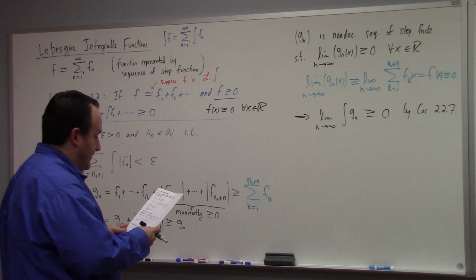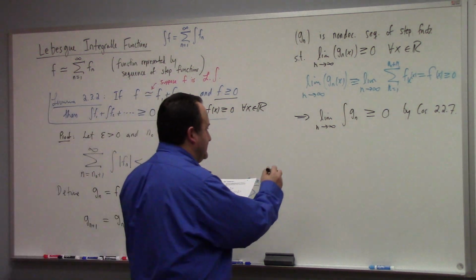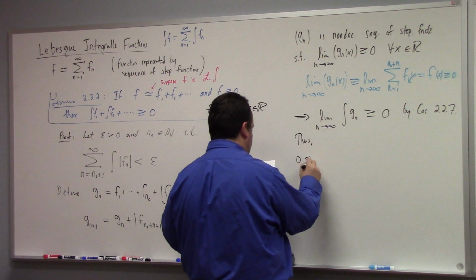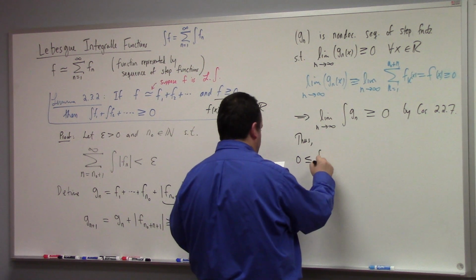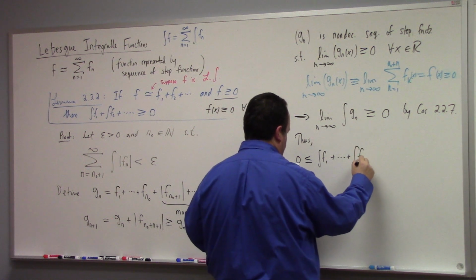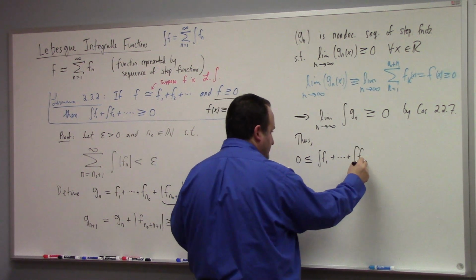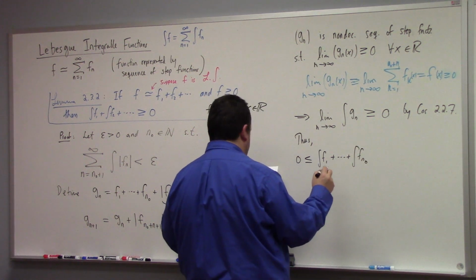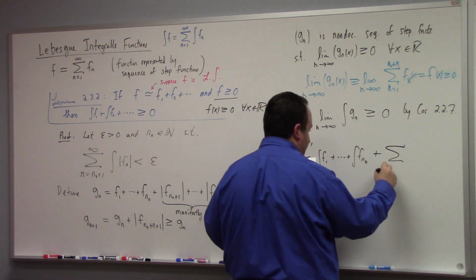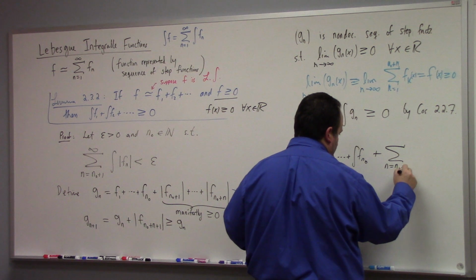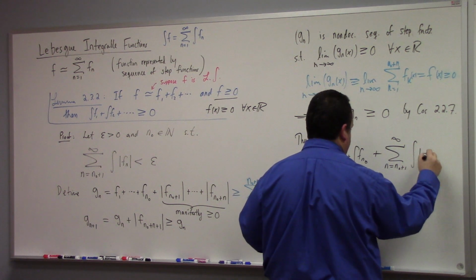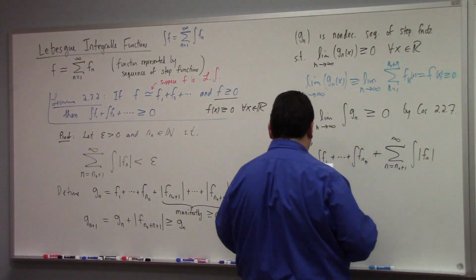All right. Thus, finally, here's the punchline. 0 is less than or equal to the integral of f1 plus ... plus the integral of fn naught, plus the sum n equals n naught plus 1 to infinity of the integral of the absolute value of fn.